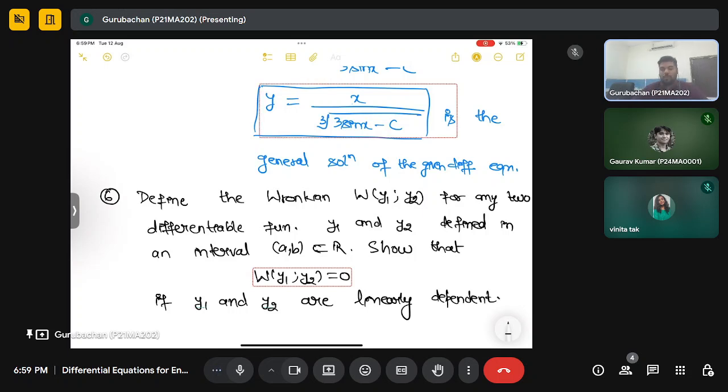So you have learned from the lecture the definition of the Wronskian, and you are also aware of the meaning of linear dependency. So try this one.